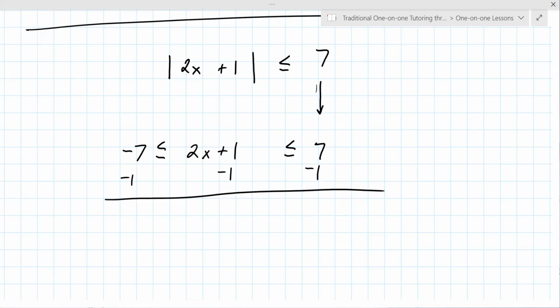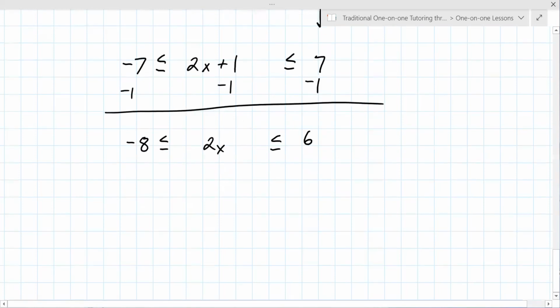You're going to subtract 1. What is -7 minus 1? -8. Good. What is 7 minus 1? 6. All right, so now how do you undo multiplication by 2? Divide by 2.